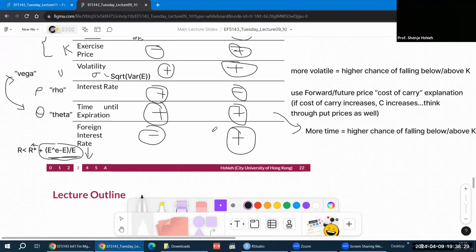So, all right, two ways to think about this, right? One is UIP. UIP says there must be equivalent foreign currency depreciation if R star increases. So that means the underlying asset decreases in value, which means that the call option is worth less, right? So I'm just talking about call options now. That's one way to think about it. The other way is to think about foreign interest rates like dividends.